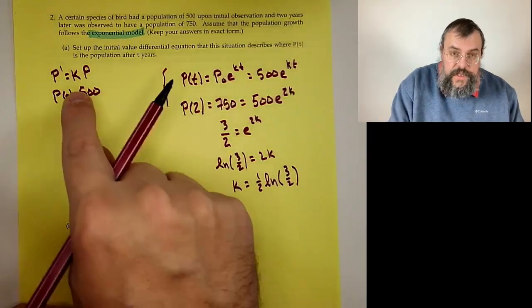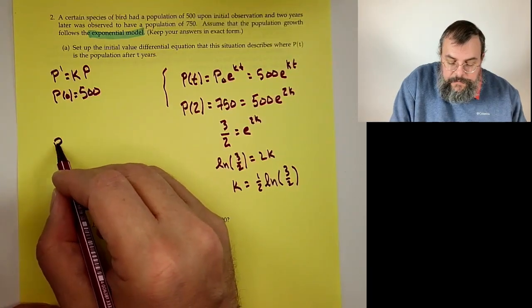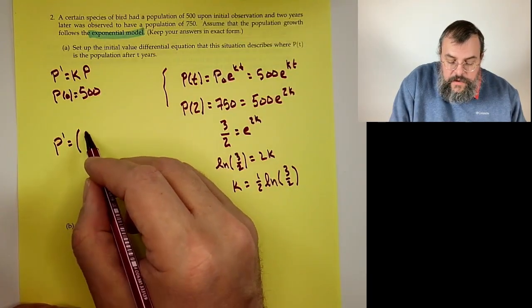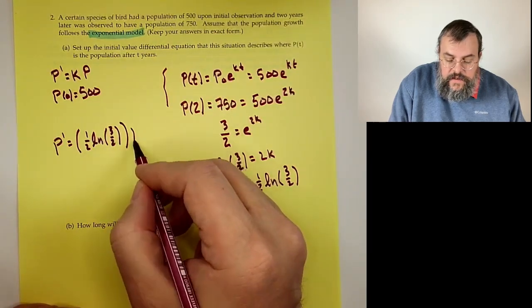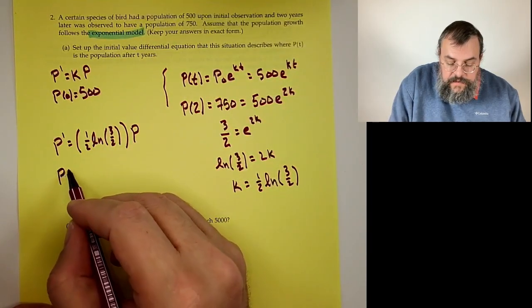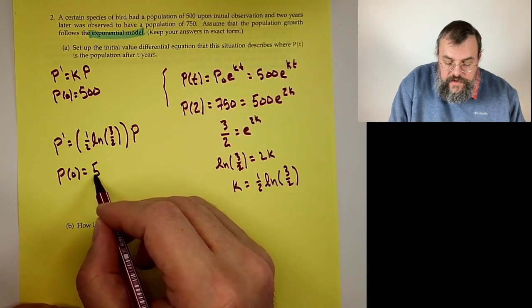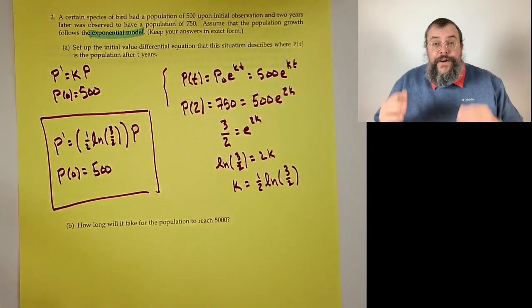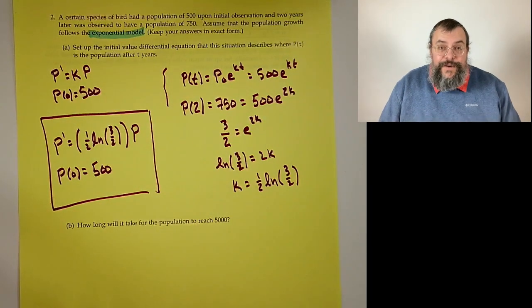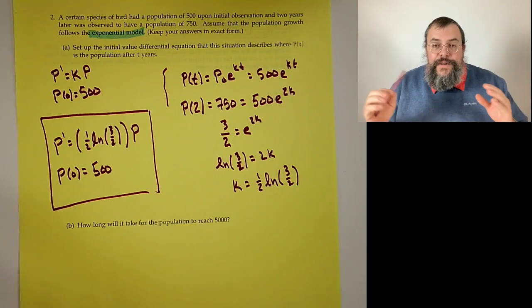So put it in, and we have P prime is equal to 1/2 natural log 3 halves times P, and P of 0 equals 500. So there is our initial value differential equation. All right, perfect, great, beautiful.